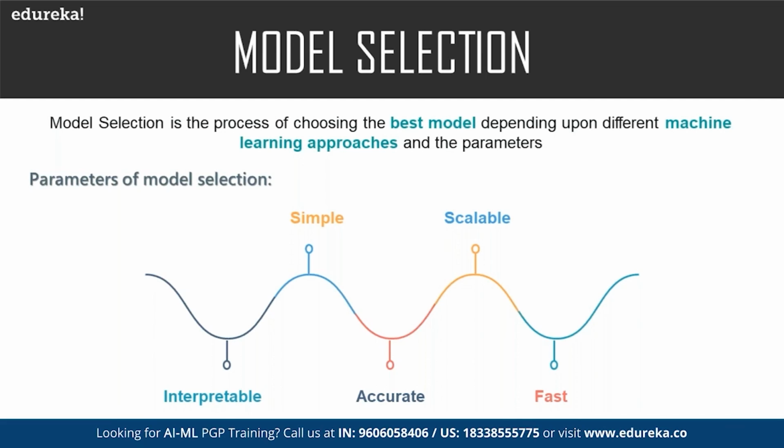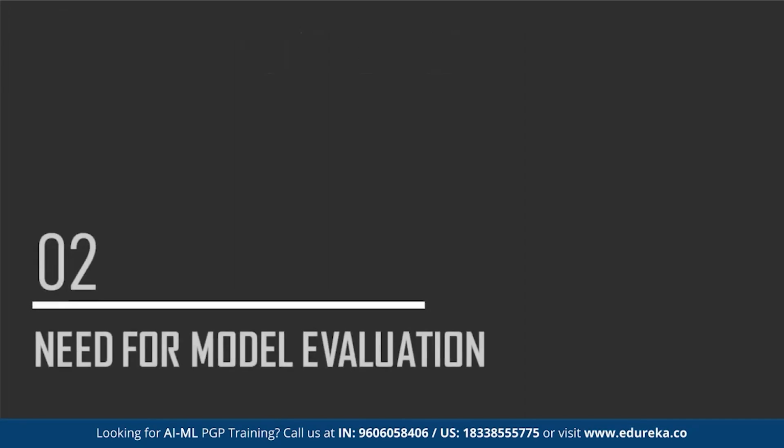People call it a complex model because it is hard to explain what is happening inside the model, and how it yielded such a result. That's again interpretability and explainability. So based on these parameters, we select the right model, and then moving ahead in the process, we go for model evaluation.